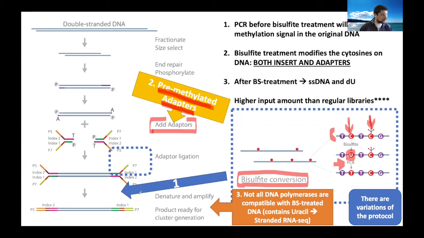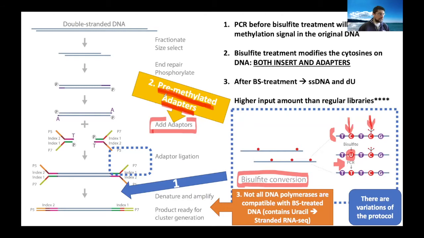And we perform the bisulfite conversion after the adapter ligation. The sequence of the adapters has to be the same as the adapters that we used yesterday. If we have cytosines in the adapters and they're not methylated, the bisulfite conversion will convert cytosines into uracil and then into thymine after PCR, which means that the sequence of the adapters will vary.